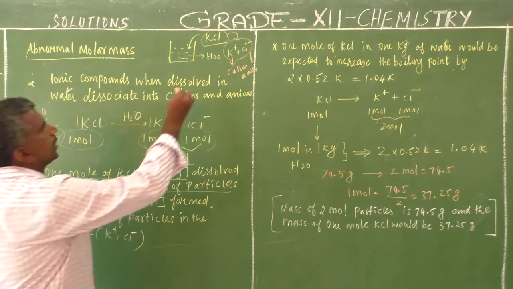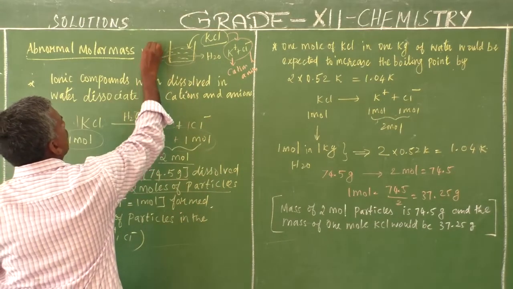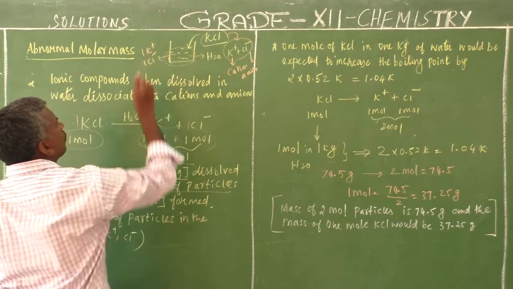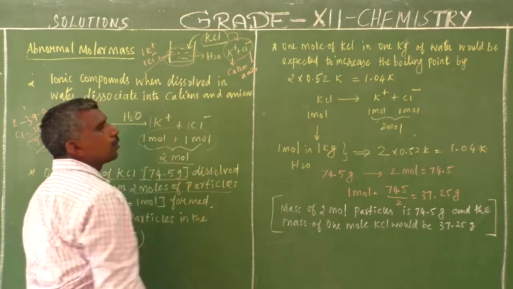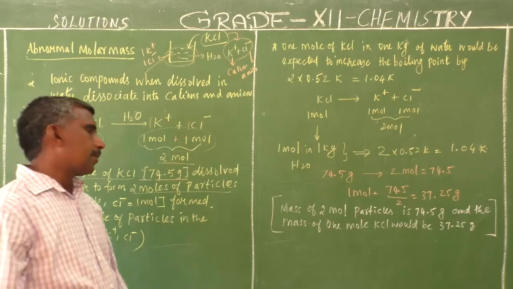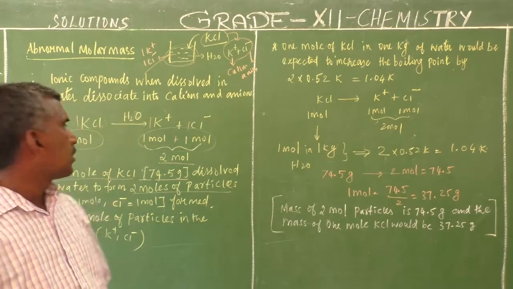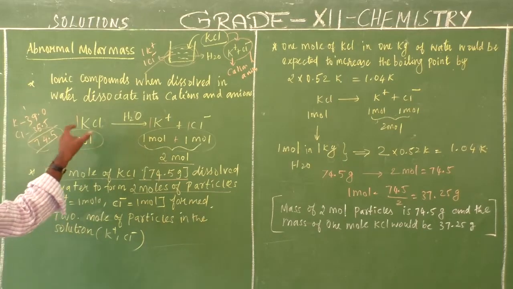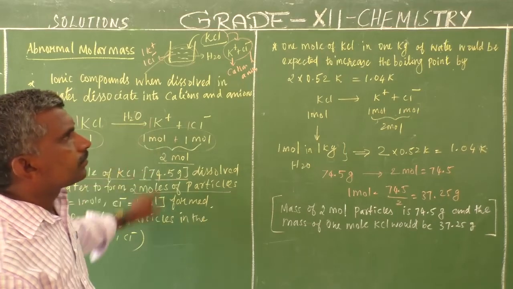Because of dissociation, the number of particles is increasing: KCl 1 mole, here 2 moles.